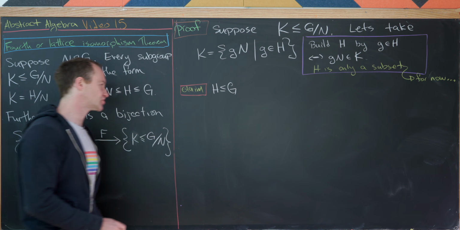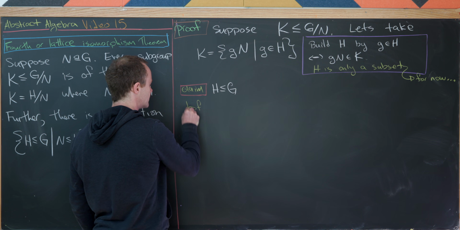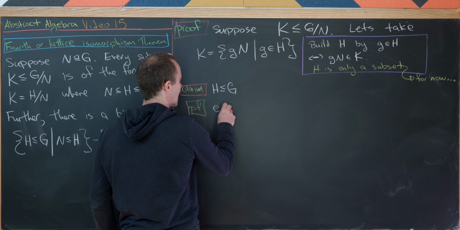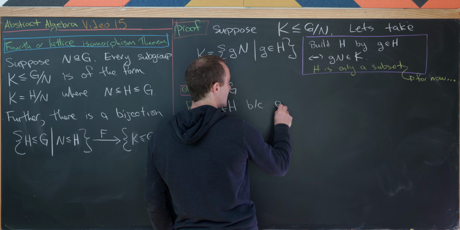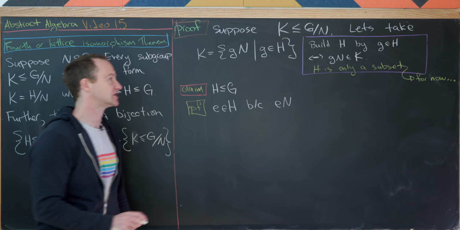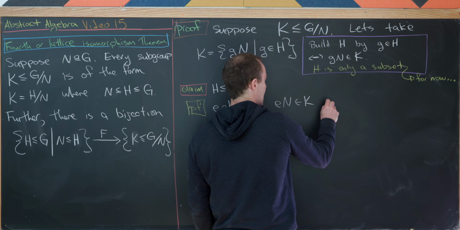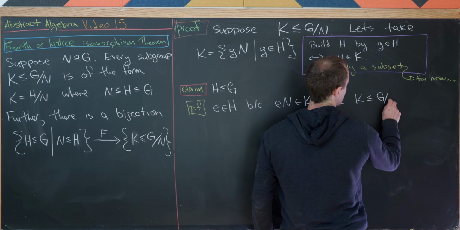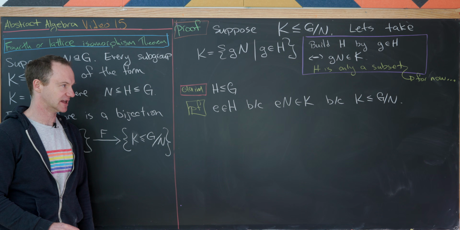So let's first show that it's non-empty. It's pretty straightforward to show that it's non-empty because we get the element e is in H because we know that the coset attached to e, eN, must be an element of K because K itself is a subgroup of G mod N, and any subgroup contains the identity.